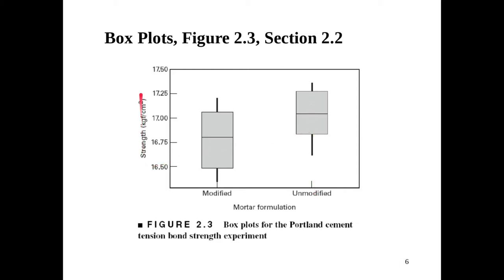On the y-axis we have strength, in units of kilogram force per square centimeter, and you will see that there is an upward shift in the unmodified, the original formulation, as compared to the modified formulation. That means by modifying the original formulation, we are seeing a downward shift. The strength is decreased, right?